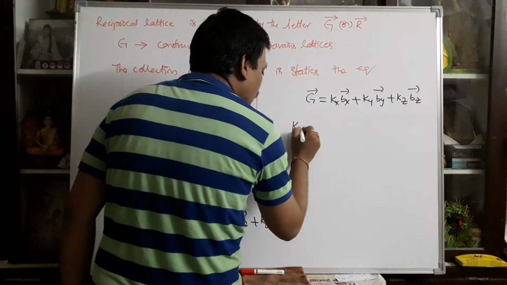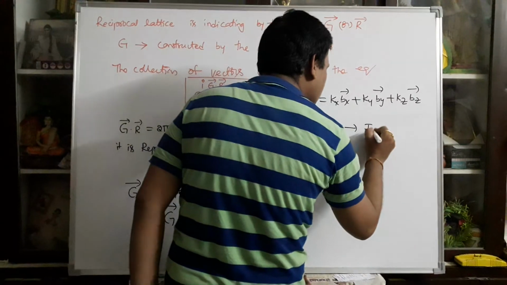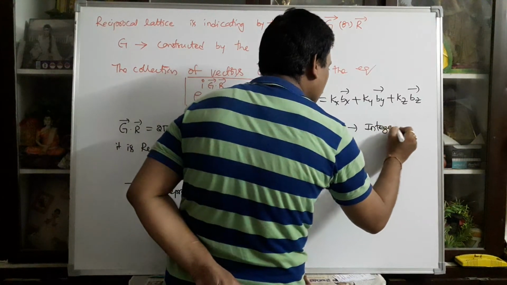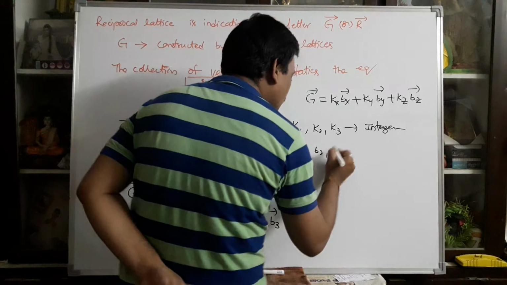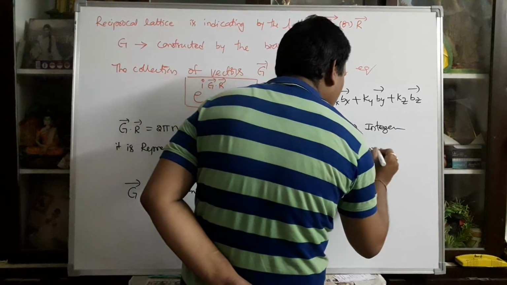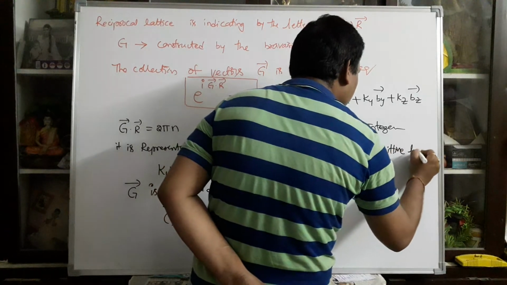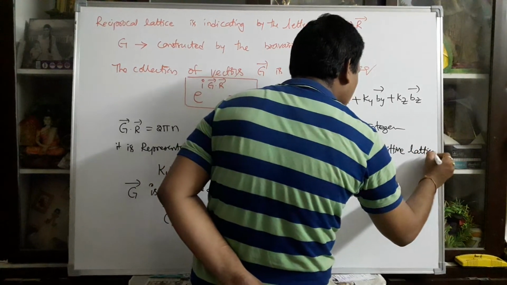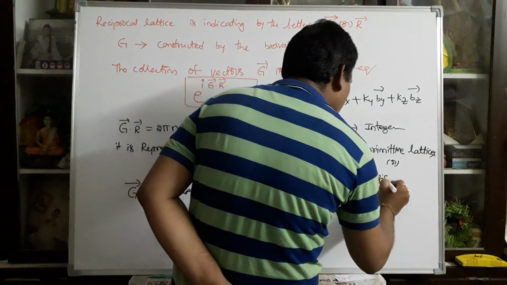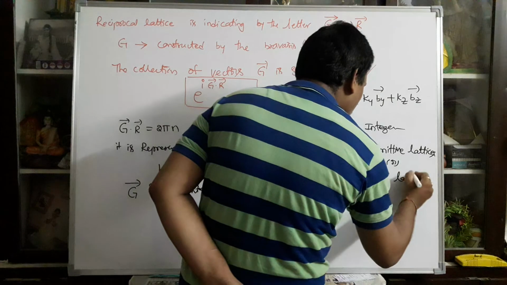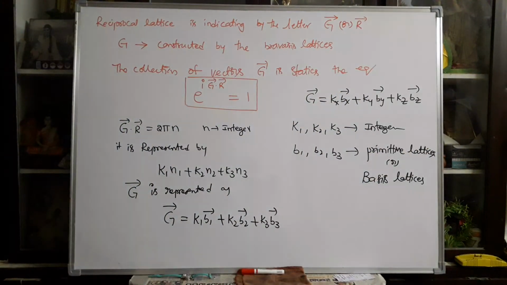Here k1, k2, k3 are integers. b1, b2, b3 are primitive lattices, otherwise also called basis lattices.